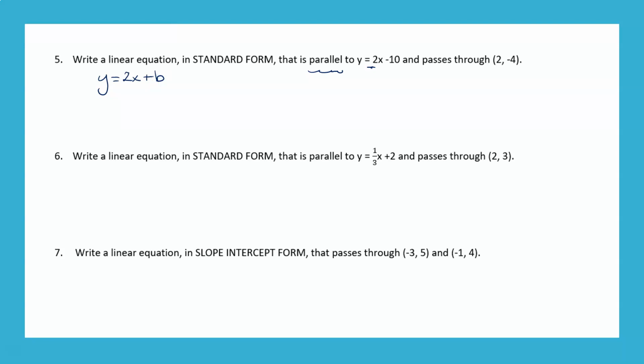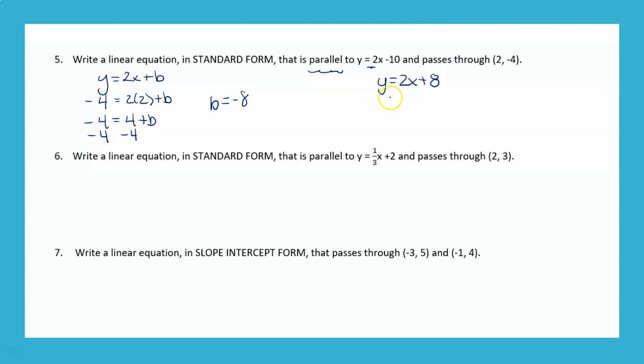Now we're going to find our b by putting in the coordinates that we have. So -4 equals 4 plus b. If I subtract 4 from both sides, b is -8. So now I'm going to put it in slope-intercept. y equals 2x minus 8.